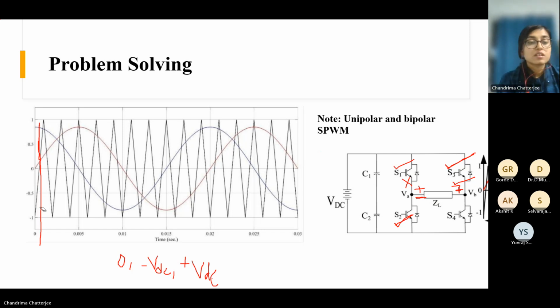Anyway. Yes, see, the peak of the triangular wave is greater than the sine waves. That is true. But you will have to take the instantaneous values, right? If you see in these portions from here till this point, this is lower than the reference signals, right? You will have to take instant by instant, not only the peak.